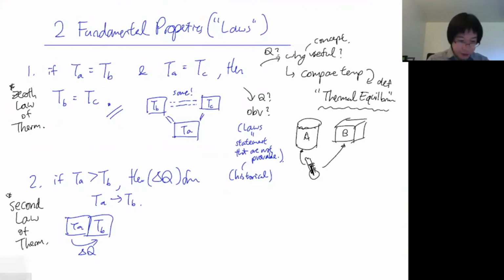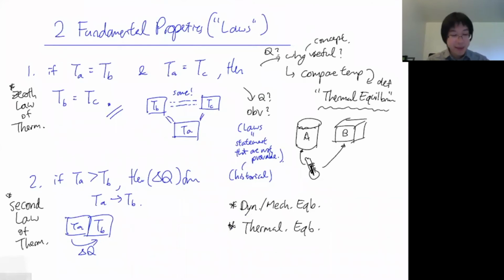And a few terms. There is the idea of dynamical or mechanical equilibrium. It's what you learn from 3A. There are 2 types of equilibrium, and there's thermal equilibrium. So mechanical equilibrium is, the definition is when F net equals 0.